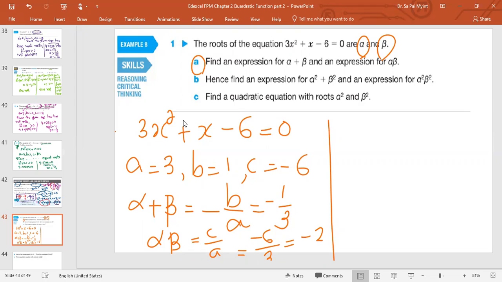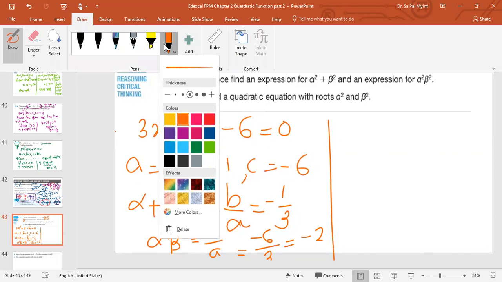Then number b, 1b. What is question number b? Question b is: hence find an expression for alpha squared plus beta squared and an expression for alpha squared beta squared. Here, you need to know the formula.